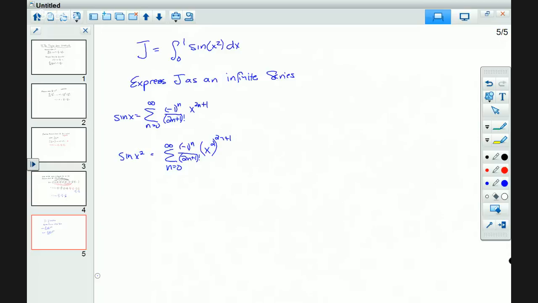And what does that become? You don't have to write. 4 plus 2, yeah, 4 plus 2. You multiply these. Remember your properties of exponents. So x to the 4n plus 2.